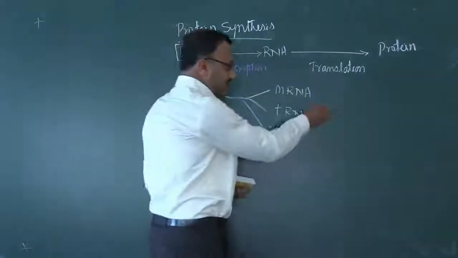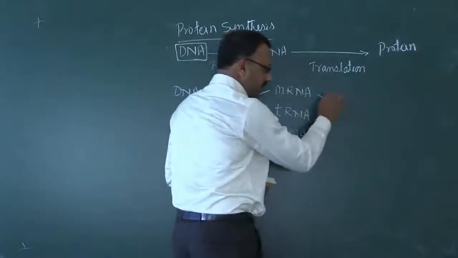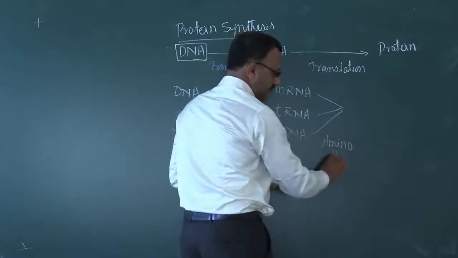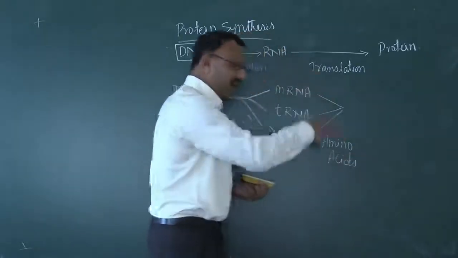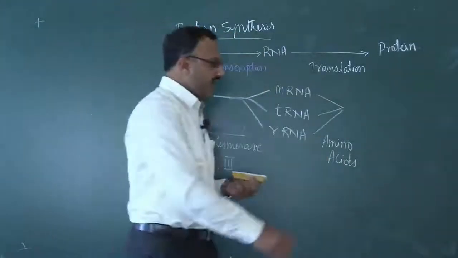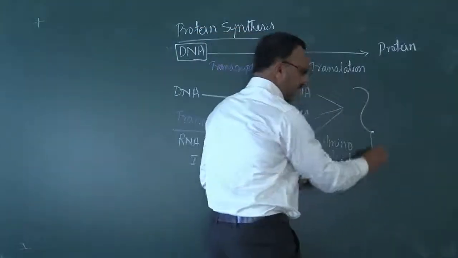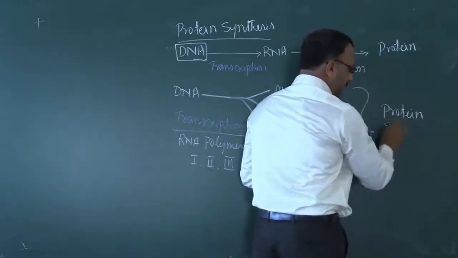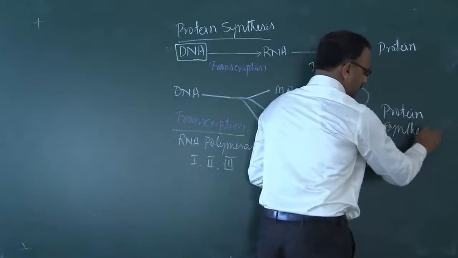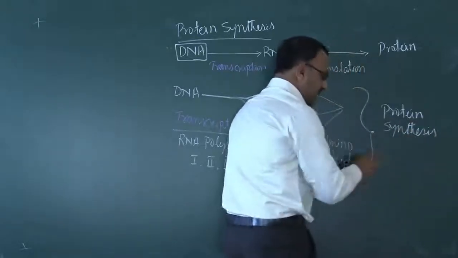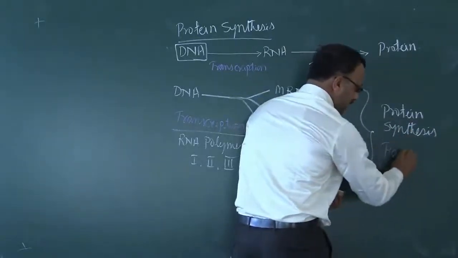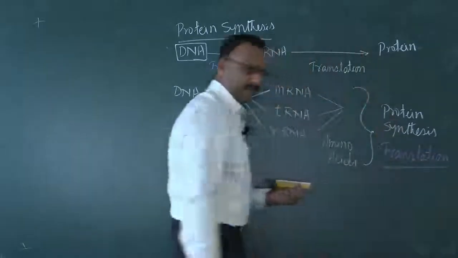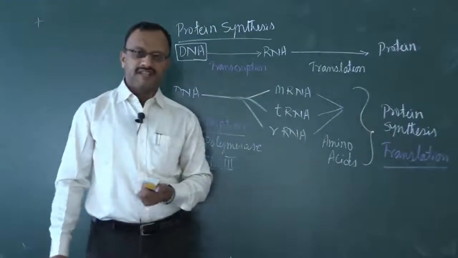So all these three, with amino acids and with several enzymes, will work together for the process of protein synthesis, that is by means of an event called translation, that we'll learn in the next class.